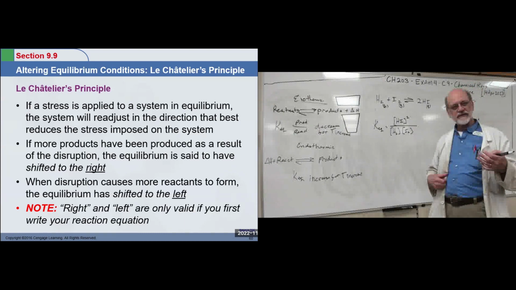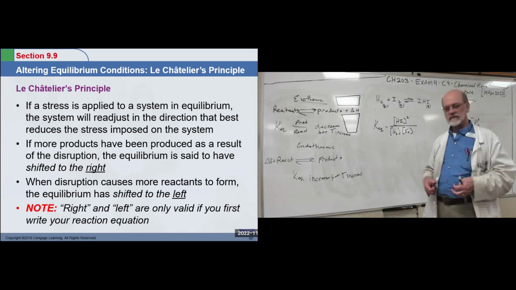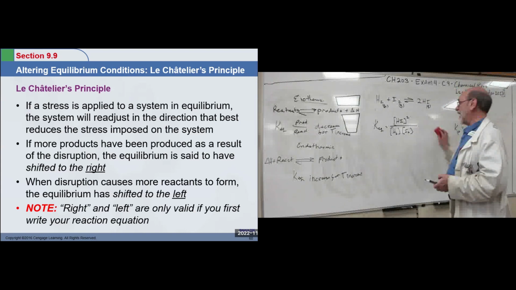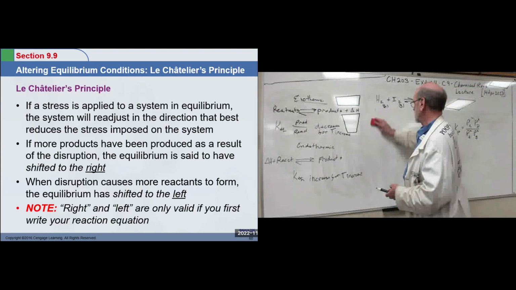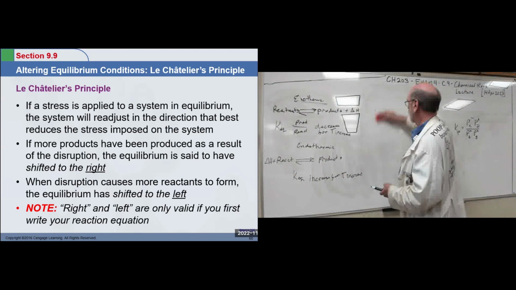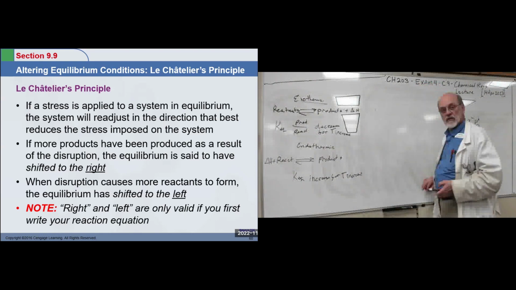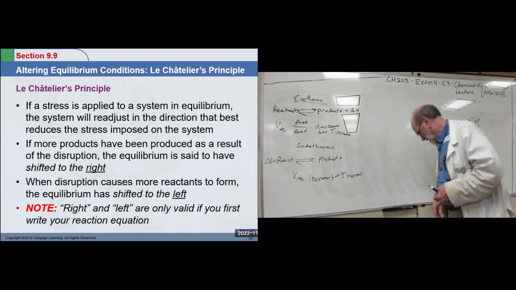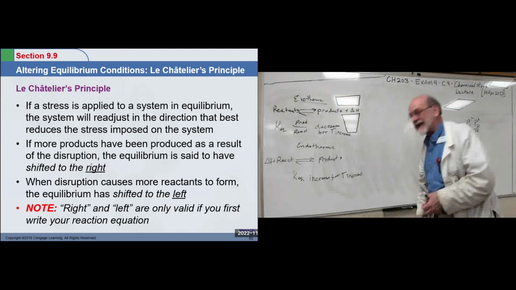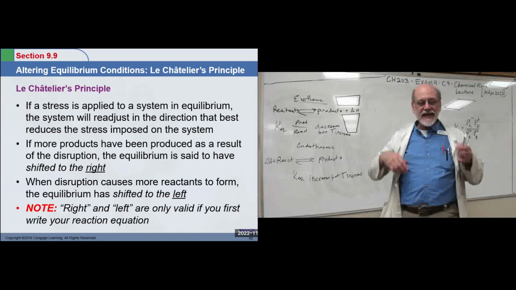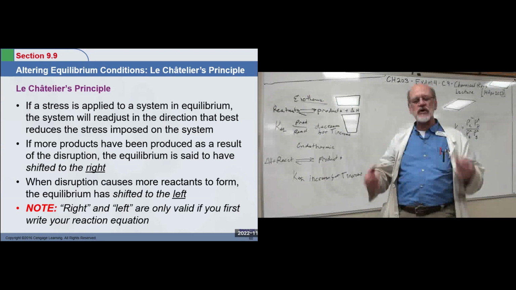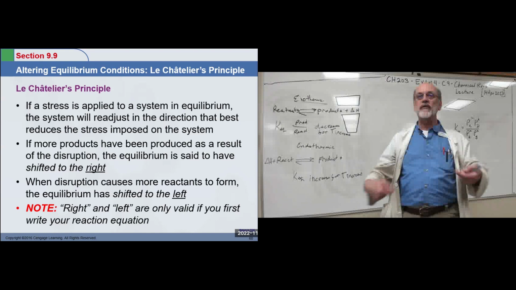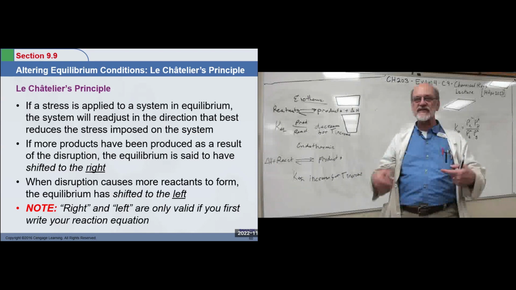So he gave it some traction. We understand it now, of course. But what Le Chatelier said was, when you have a reaction at equilibrium, anything you do to disturb that reaction will be met by a response from the reaction to reestablish equilibrium.